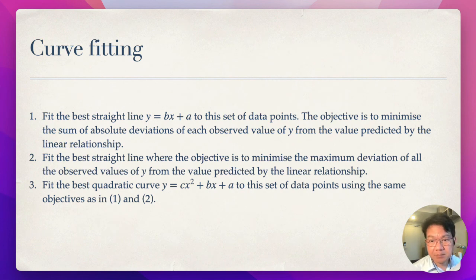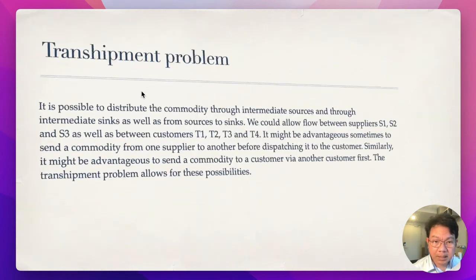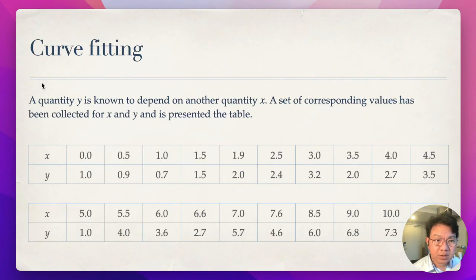And the objective is to minimize the sum of absolute deviations. All right, so we go back to the data again. You see that we have a set of data.